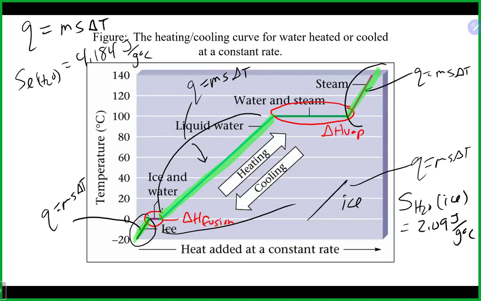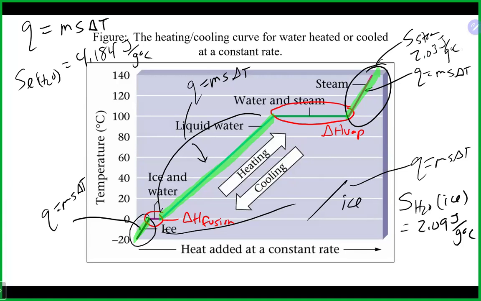Same thing if I was up here. Up here is all the same phase. That is all steam. That also is not liquid water, which is 4.184. That is steam, and you would want to use a specific heat capacity for steam, which oddly is also about 2 joules per gram per degree Celsius.